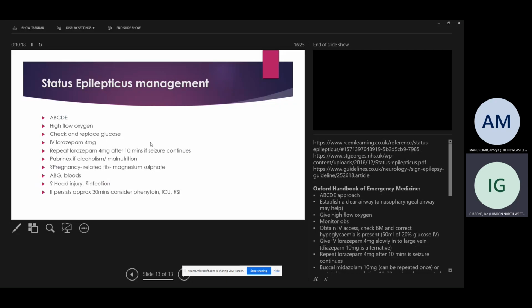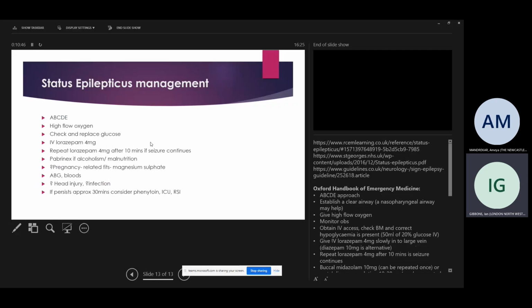One of the most common is hypoglycemia, so checking that early is vital. Access is really important, as usually in hospital the first port of call is to give IV lorazepam, 4 milligrams. We do have the option of buccal, which isn't always available in the adult circumstance, or PR diazepam as an alternative as well.